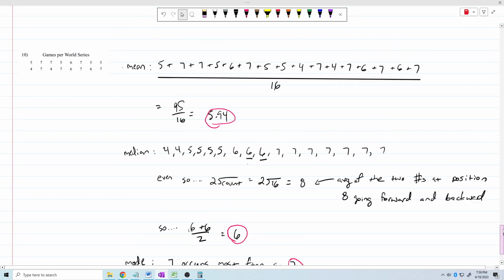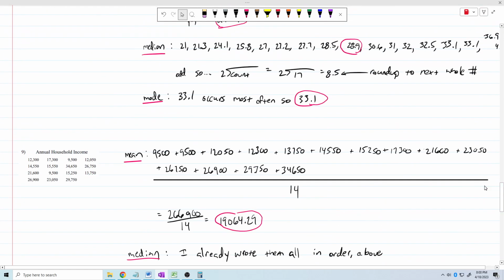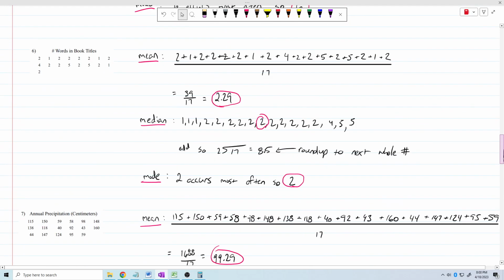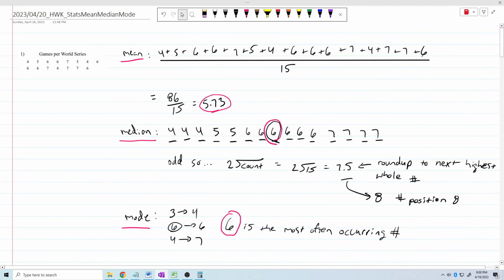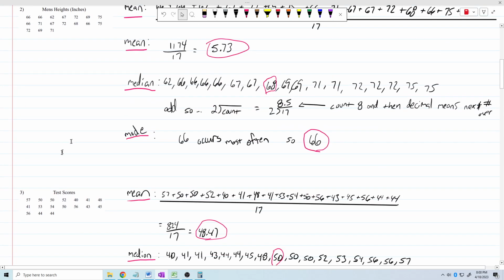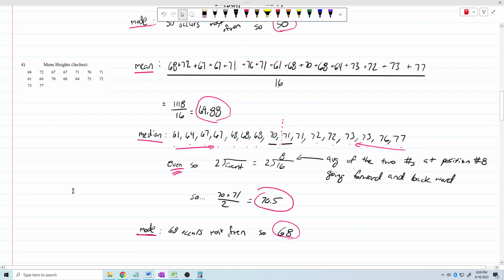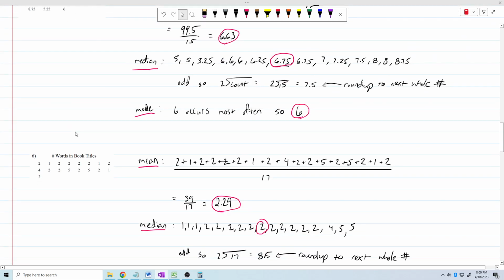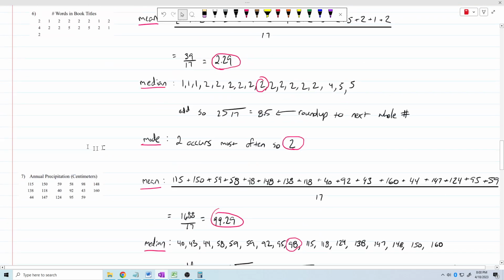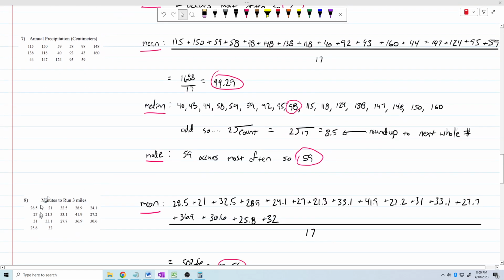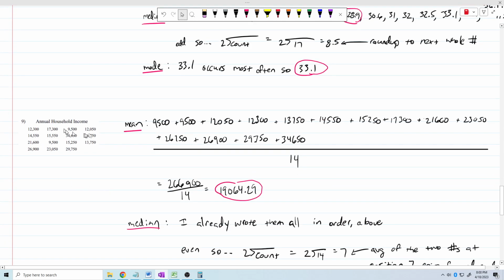So, all in all, guys, that is it. That is how you calculate these measures of central tendency. Again, the reason we even do these is because it helps tell the statistical story that is trying to be told. The stories are, for example, games per World Series, men's height, test scores, men's height again, hours slept, number of words in book titles, annual precipitation, minutes to run 3 miles, annual household income.